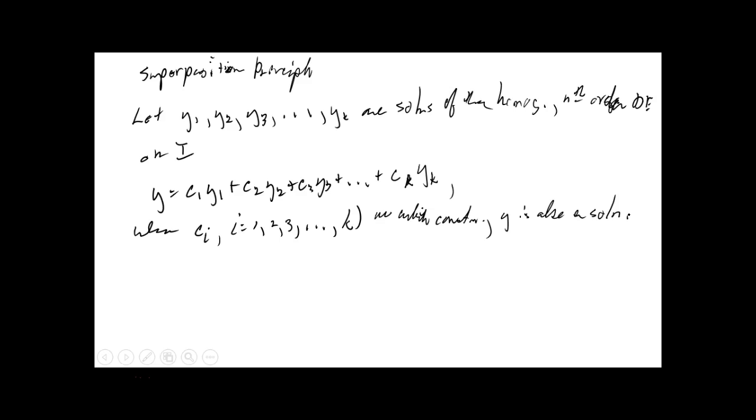What it means is, if you have a number of solutions, it doesn't have to be a huge number, just any number of solutions, then not only are those individually solutions, but any linear combination of those is also a solution.